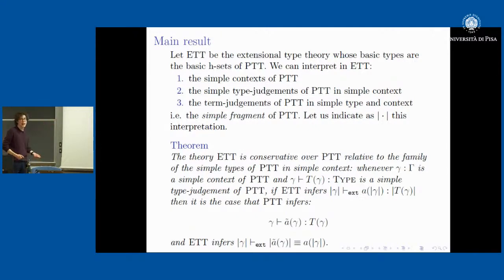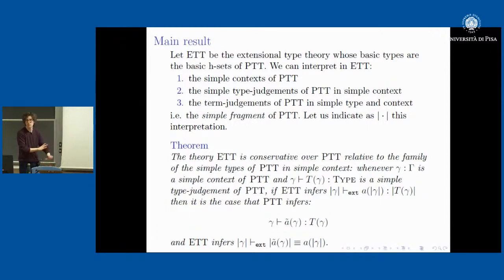And the simple types are not all of the H sets, because, okay, for sure, simple types you can prove by induction on their complexity that they are all H sets. Usually, in a dependent type theory there are also some H sets which are not simple types. But we can say that most of the H sets that one cares about are simple types.